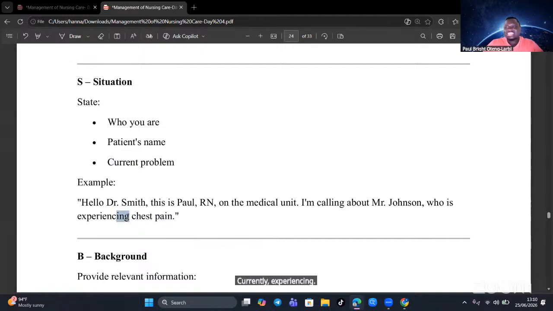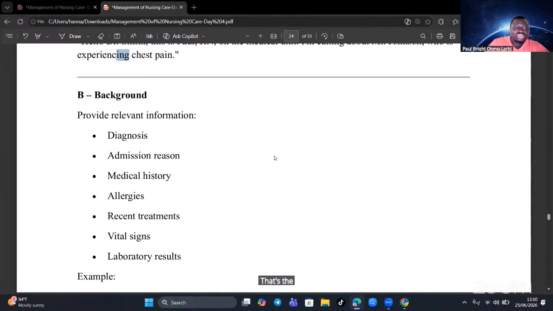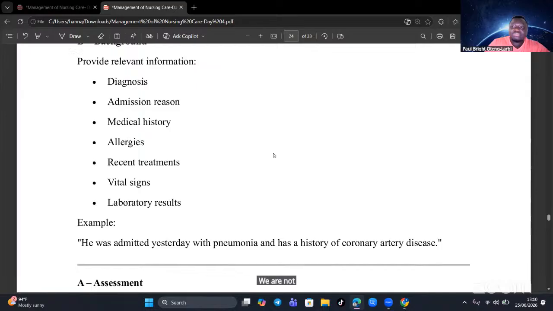Once you make this statement, if I am the doctor, I know the problem the patient is currently experiencing. Okay, good. Now let's look at the B, the background. What brought the patient to the hospital? And when he came to the hospital, what was his comorbidity or previous medical history? That's the background. We are not talking about tribe.